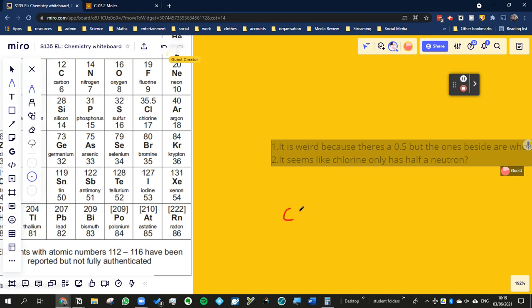One isotope of chlorine is, so it's still 17 because it's chlorine and it can't have any other number because otherwise it wouldn't be chlorine. But so there's one type which has a mass number of 35, and there's another type which has not got a mass number of 36 but a mass number of 37.